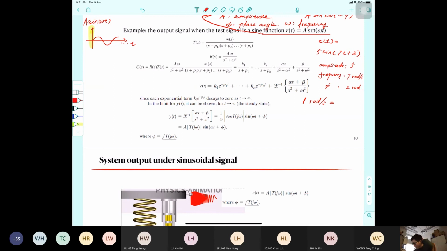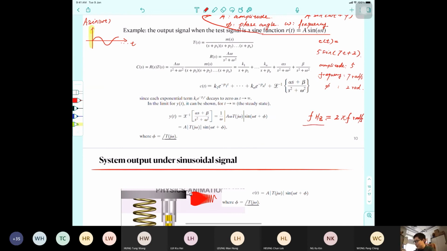It should be, let's see, radians per second and hertz. Okay, if it is f hertz, then the radians per second should be 2 pi f radians per second.